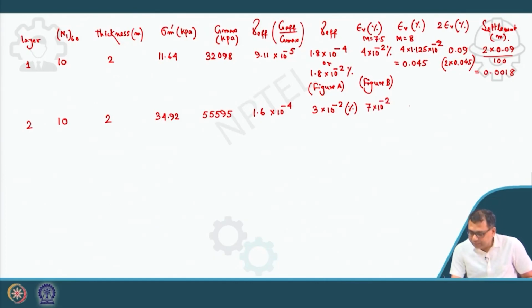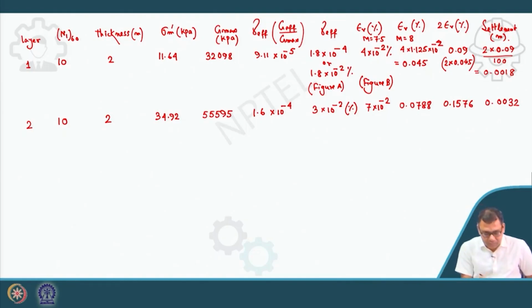Then after multiplying the correction factor 1.125, I will get 0.0788 percentage. Then into 2, I will get 0.1576, and then the settlement will be 0.0032 meter. That is for layer 2.